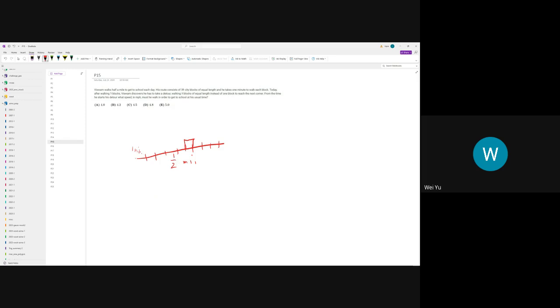Okay, so let's figure out how much time he would usually take. He would usually take a total of 10 minutes. Here he already walked 5 minutes, so he has to walk 5 more minutes for 7 blocks.